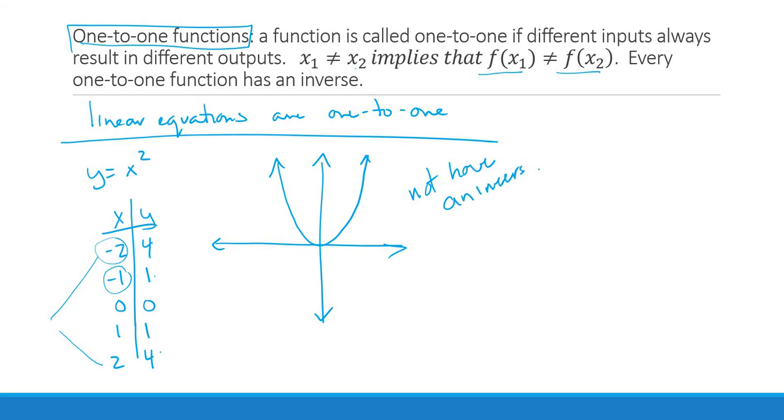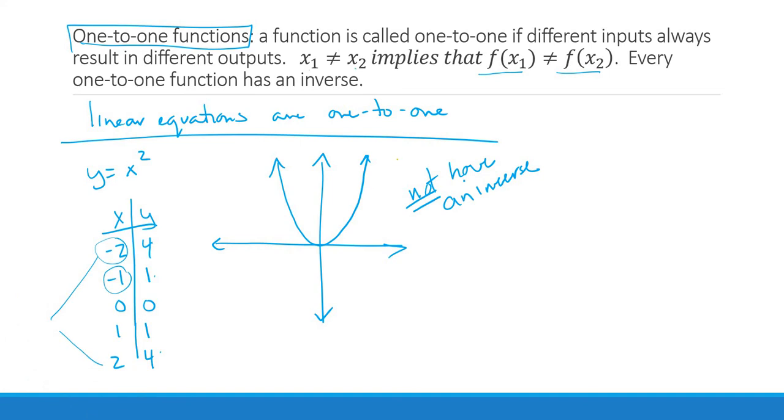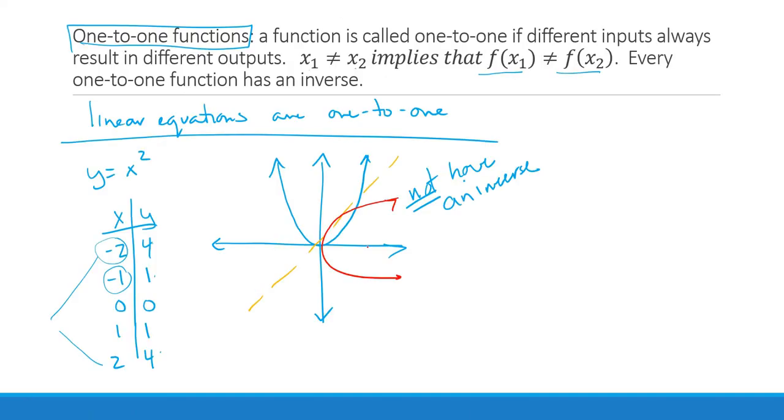So this function does not have an inverse function. If I tried to draw a reflection of this over this line, I would get a graph that looks like this. This is not a function. It does not pass the vertical line test. Let's look at that algebraically.